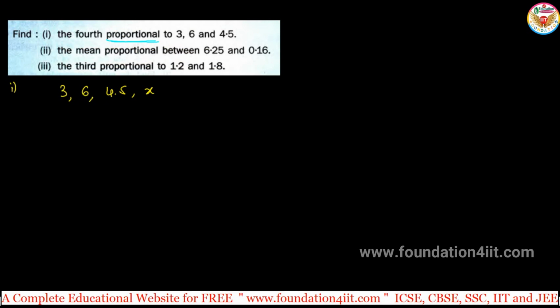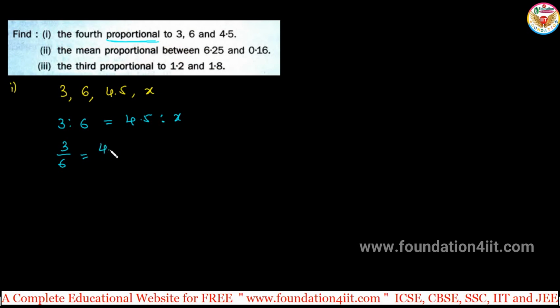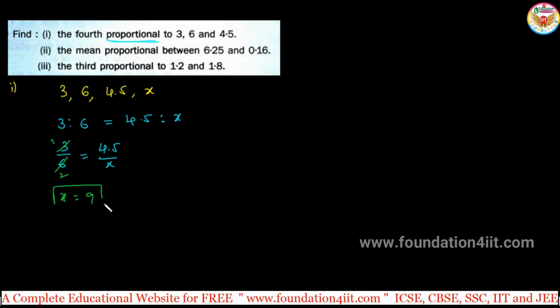So the first two numbers' ratio, 3 is to 6, is equal to 4.5 is to x. You can solve this. 3 by 6 is equal to 4.5 by x. Cross multiply or simplify, 3 times 2. Cross multiplication, then x is equal to 9. Right? That is the fourth proportional.